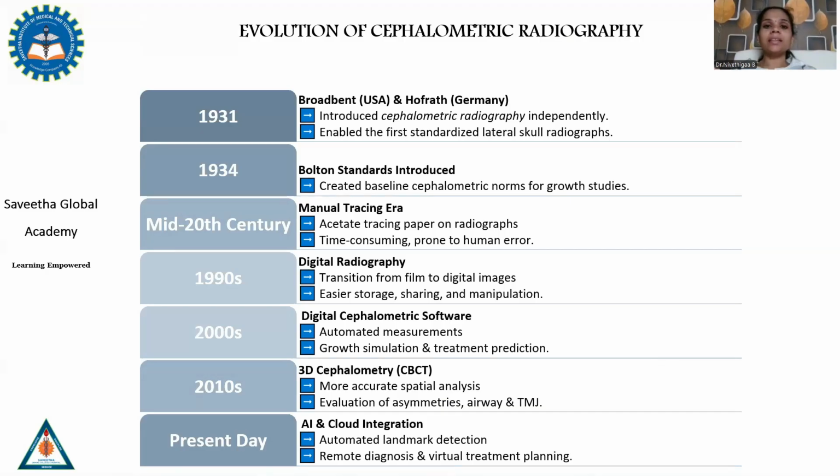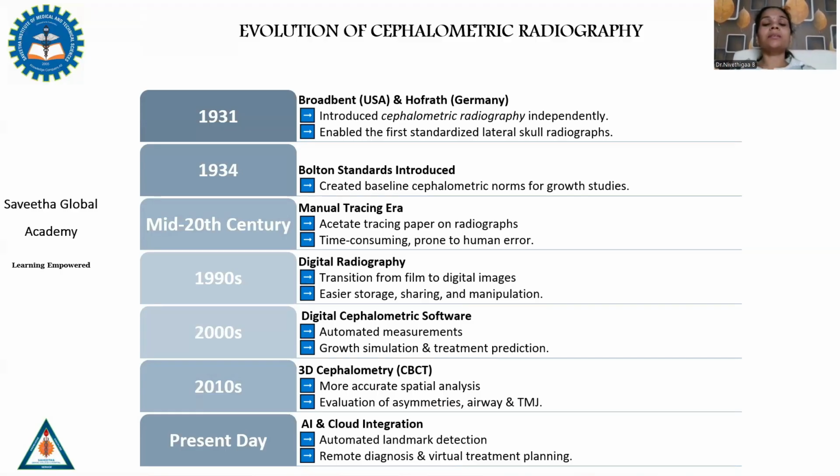Let us now see the evolution of cephalometric radiography in orthodontics. So it all started with Broadbent and Hofrath, who first introduced the cephalometric radiograph using standardized lateral skull radiograph.